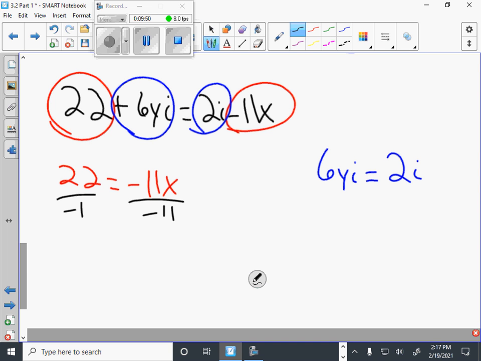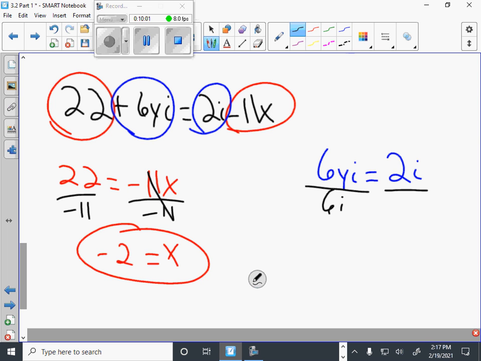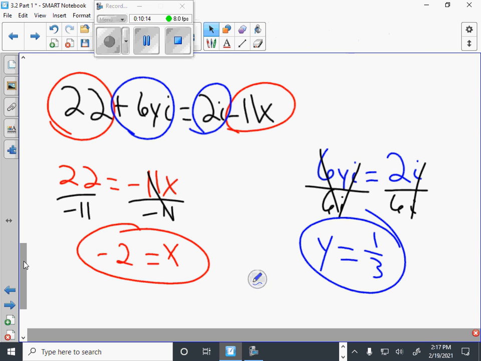Divide by negative 11. We're left with x is equal to negative 2. Over here, divide by 6i. The i's cancel, 6's cancel. So we're left with y is equal to, what's 2 divided by 3? 1/3.